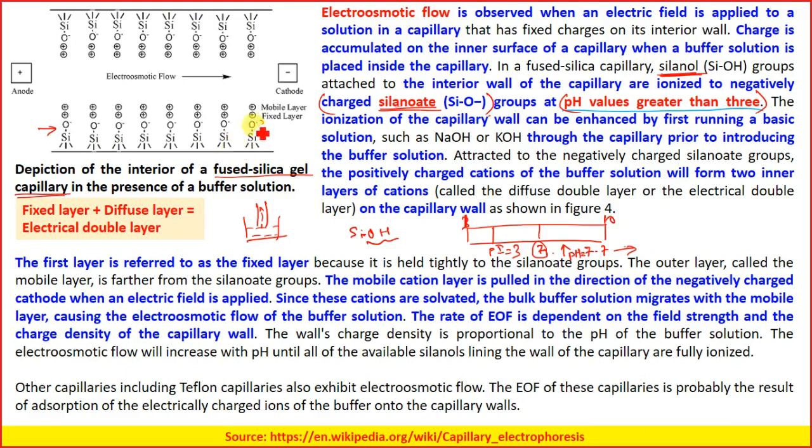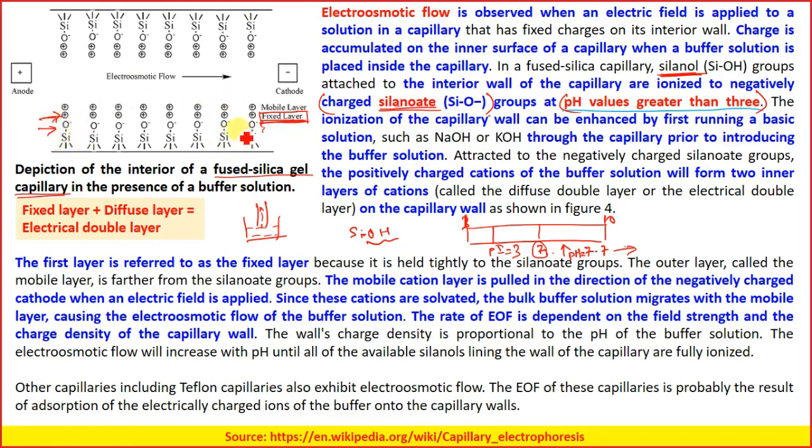To neutralize the charge, the cations from the buffer will come and strongly bind to this O minus group, and that strongly bound layer is called the fixed layer.